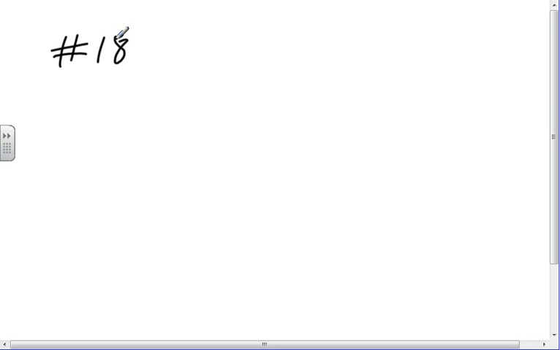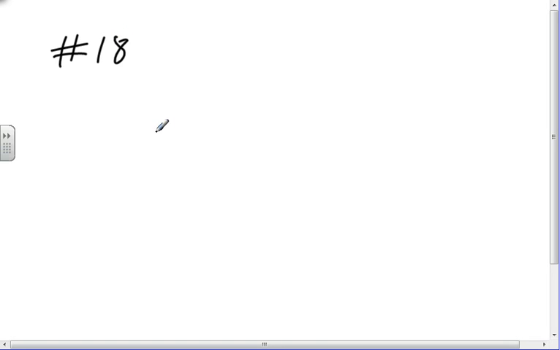Theorem 2. All right, so theorem 2. Why would I want to do that? There's absolutely no reason I'd want to apply theorem 2 to these problems.